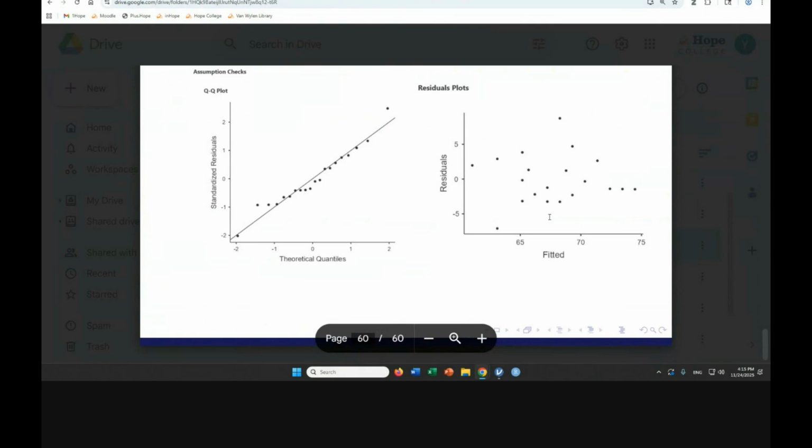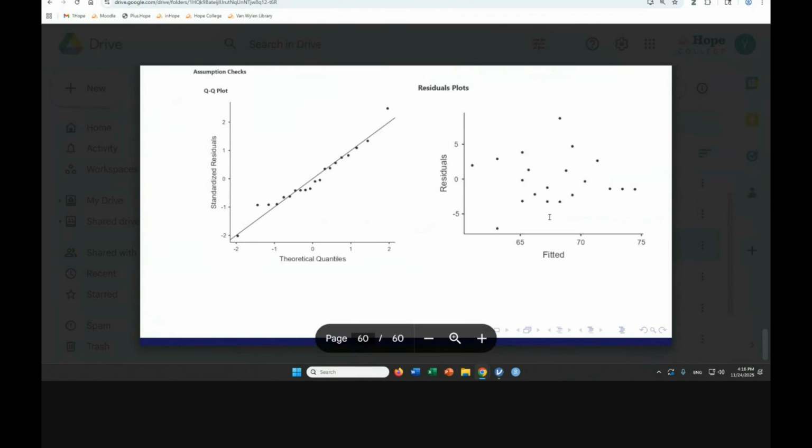The other thing to check is what's called the normal quantile plot. This shows how closely aligned your data are to a normal curve. You want this plot to hug a 45-degree line the way this does. What you don't want to see is a plot like this, where here's a 45-degree line.